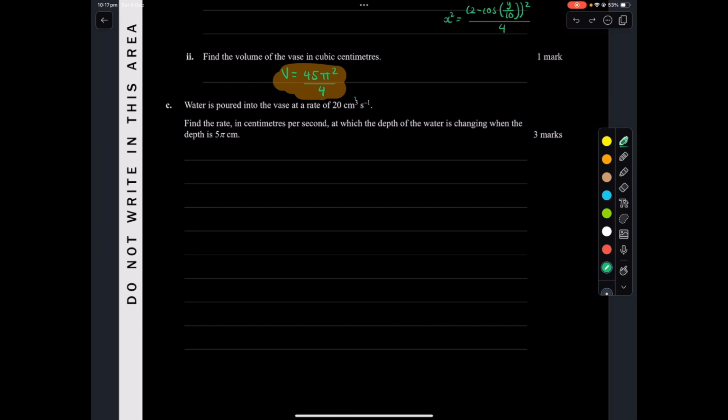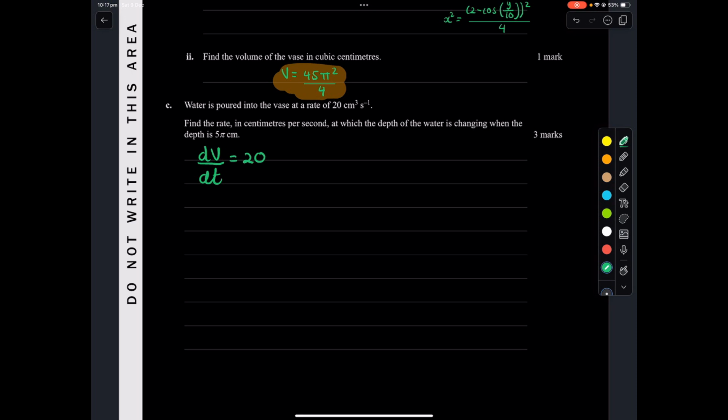Looking at the units, this here is volume and this is time, and it's a rate. So it's going to be dV/dt, where t is time. This is the rate of the volume over time, and that's 20, and it's going to be positive 20 because it's being poured into the vase. It's a rate that is positive. So we have that. That's great.